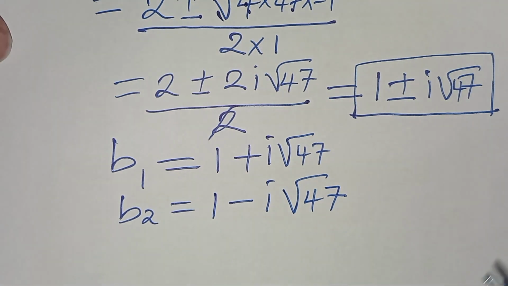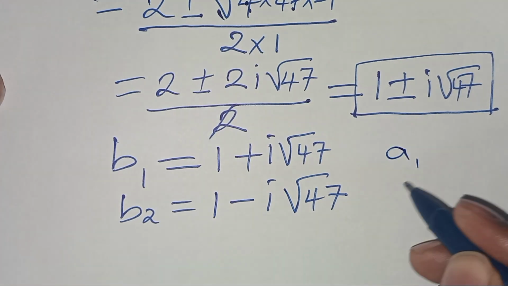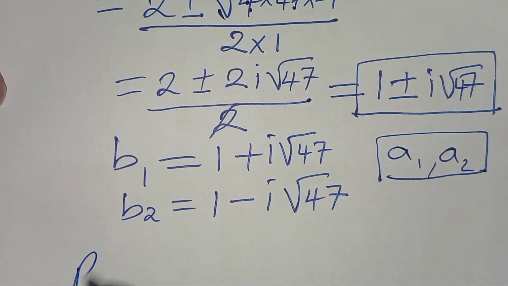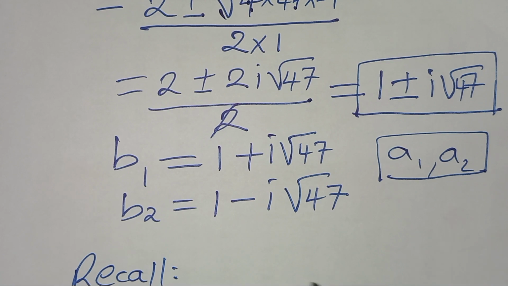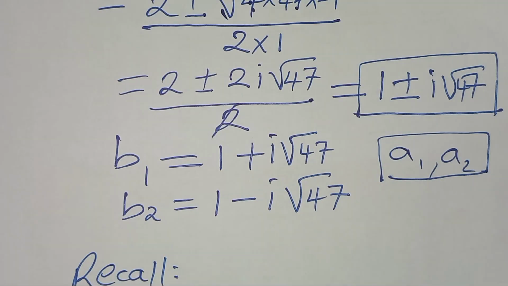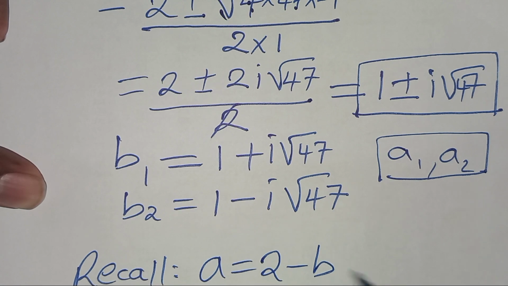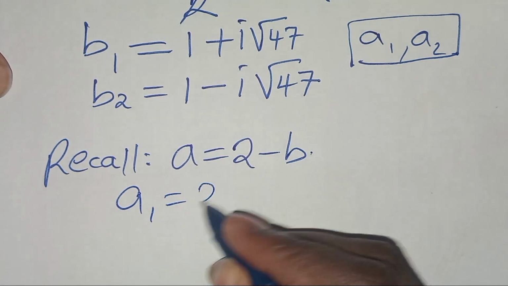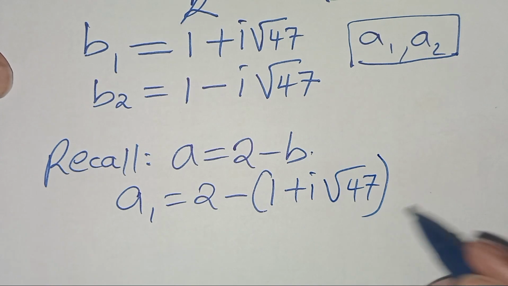Okay, so let's solve for the other values of A1 and A2. Now, if you recall, we have equation 3, which is basically A is equal to 2 minus B. So let's substitute the values of B, so that A1 is equal to 2 minus B1, which is 1, plus I square root of 47.